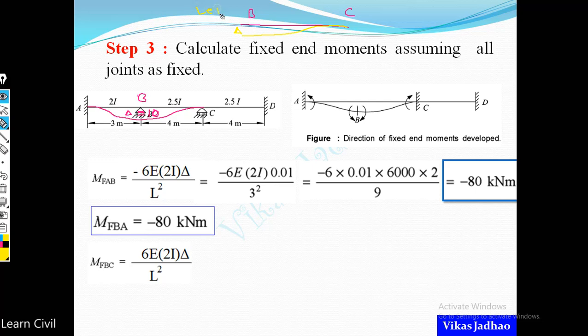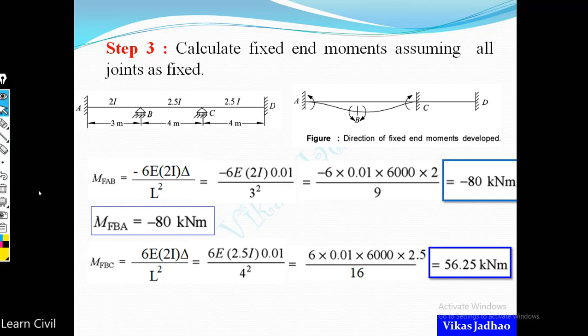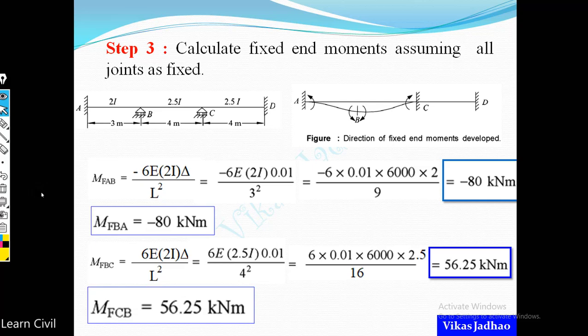Therefore the value of delta for this case will be negative, so minus 6 EI multiplied by minus delta will become positive. So I will directly write it as positive 6 EI delta upon L square. Just put the values of EI, delta and L in this equation. We will get MFBC equal to 56.25 kilonewton meter. Similarly, the fixed end moment MFCB will be equal to plus 56.25 kilonewton meter.